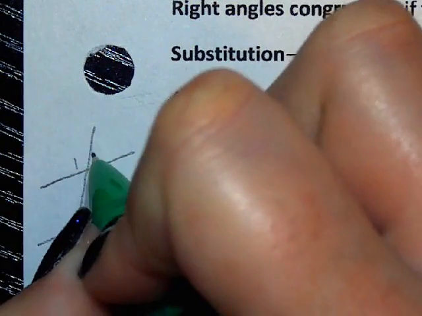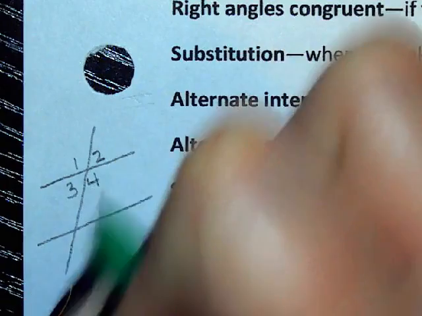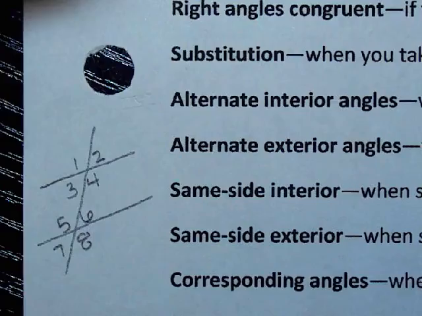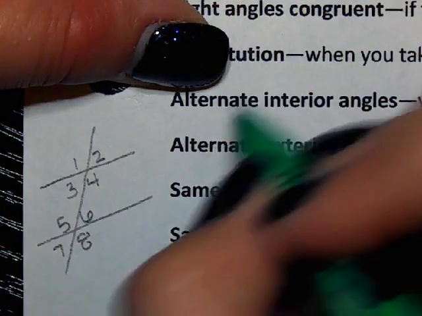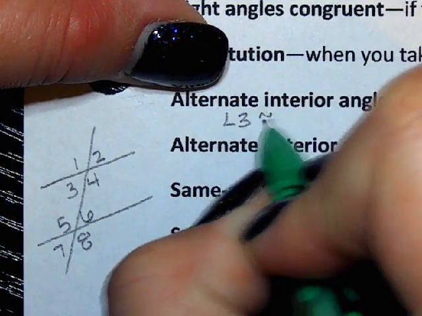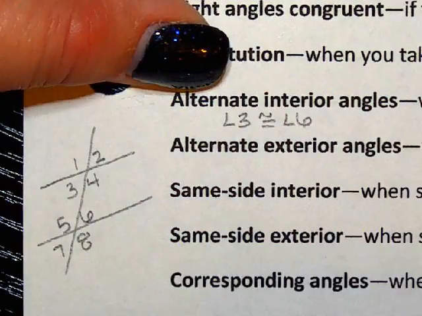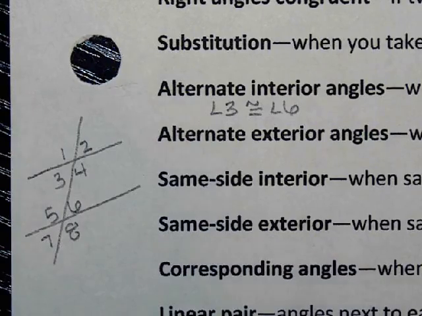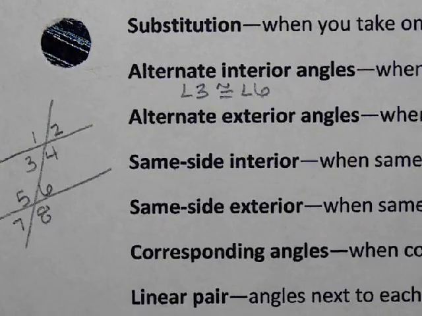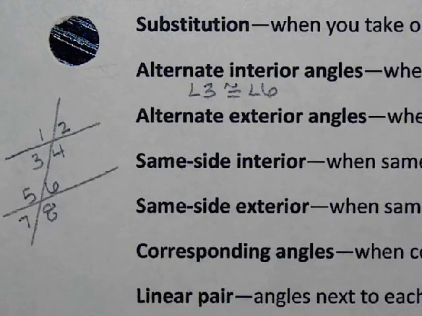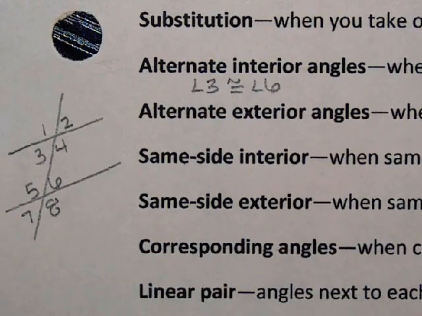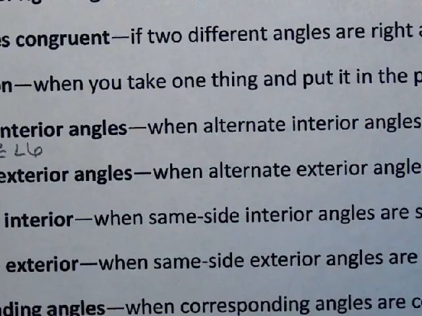So I'm going to do 1, 2, 3, 4, 5, 6, 7, 8. And so for alternate interior angles, I'm going to say angle 3 is congruent to angle 6. That's a little bit easier than doing separate small pictures for each one. Okay. So angle 3 is congruent to angle 6. Okay. And in the definition, it did say they are congruent.